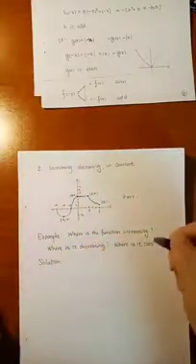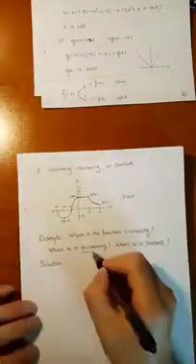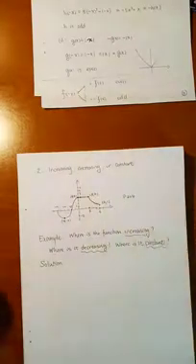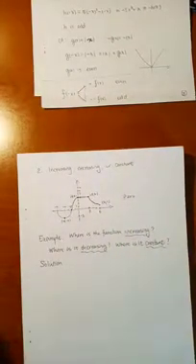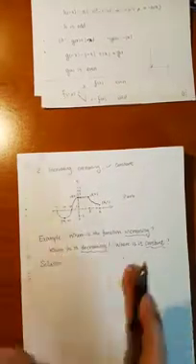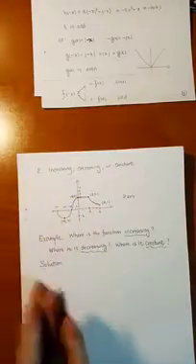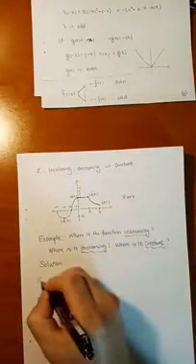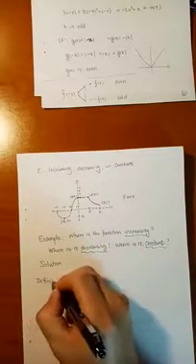To answer this question, first we have to define those words: increasing, decreasing, and constant. Okay, so when we talk about increasing, we always move from left to right. Okay, so definition. First, we give the definition.